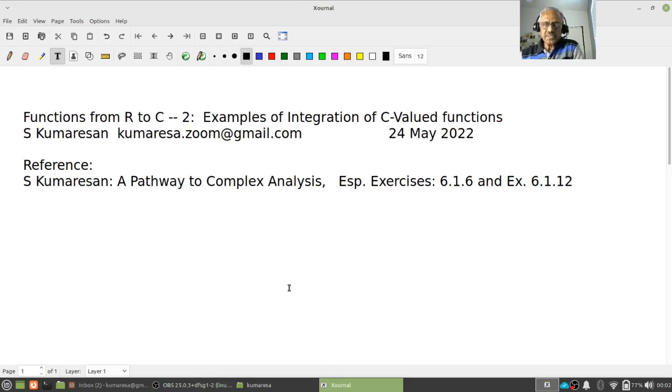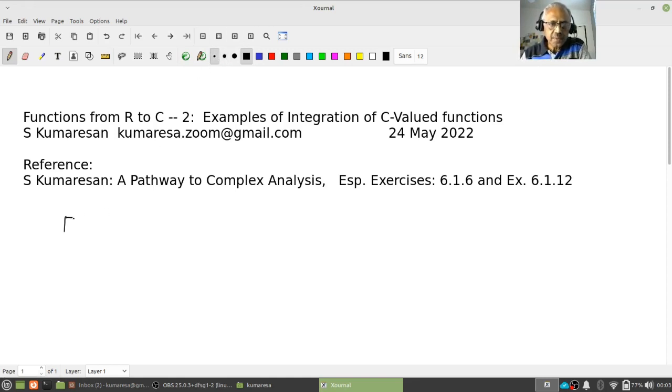Essentially these are two exercises, exercise 6.16 and 6.12, but I'm going to do them as examples. The first example is to compute a real integral of the form the integral from 0 to T of e^(ax) cos(bx) dx, where a, b are real numbers.